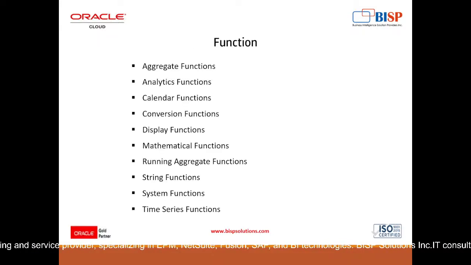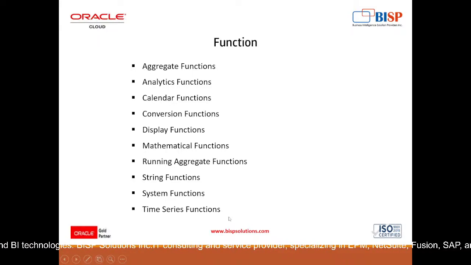Now let's move to the next thing, which is functions. The categories are aggregate functions, analytics function, calendar function, conversion function, display function, mathematical function, running aggregates, string function, system functions, and time series functions.